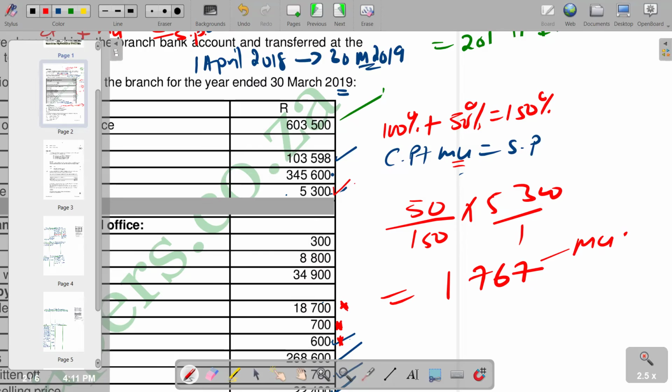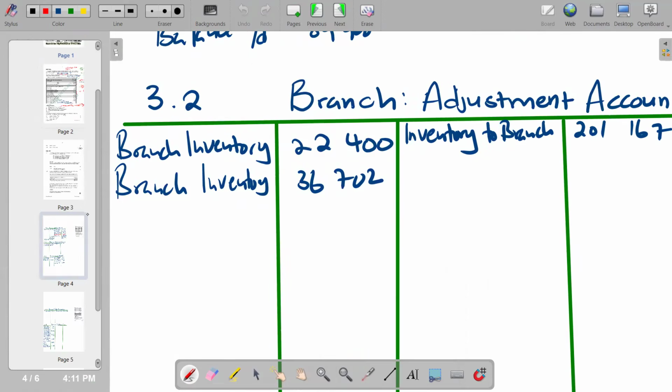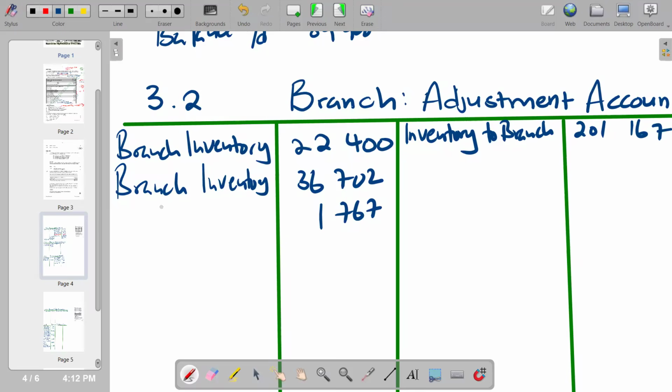So with that, we move on to the first part of our entry, whereby we are going to put our 1,767 on the debit side of the branch adjustment. This is supposed to be transferred to the goods to branch or the inventory to branch.